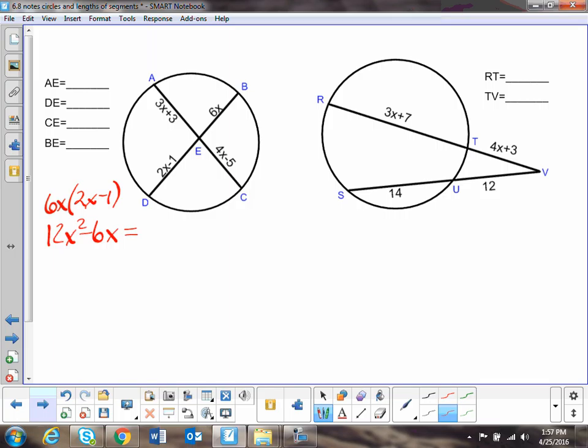Alright. Equals, now the other one we probably can't do in our head because it involves doing what method? You remember? FOIL. Remember the FOIL method? Write it out. 3x plus 3 times 4x minus 5. Remember how to do the FOIL method?